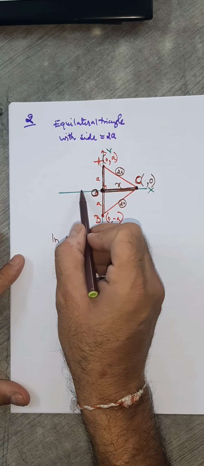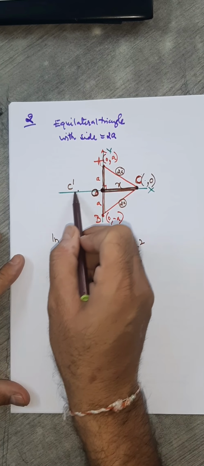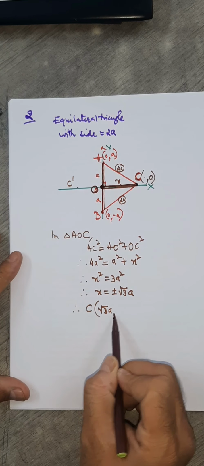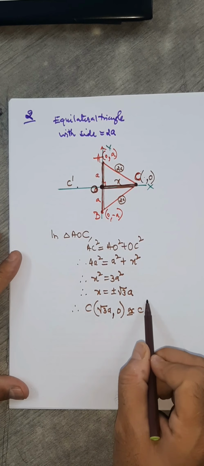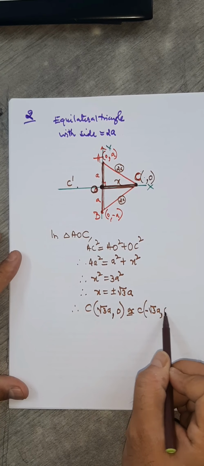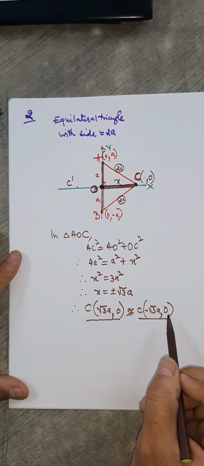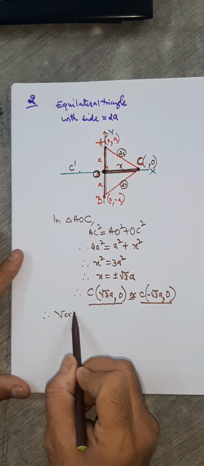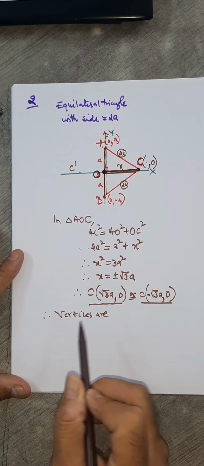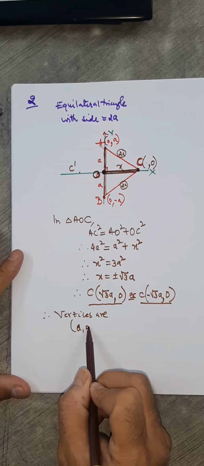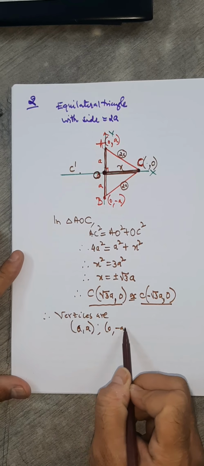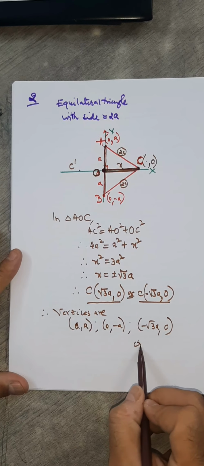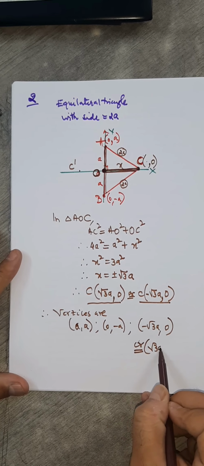It might be on the other side also. So you may have C dash somewhere here, one more triangle like this. So the coordinates of C will be root 3 a, 0 or minus root 3 a, 0. The coordinates of A and B are fixed here, 0, a and 0, minus a. So finally the vertices are 0, a, then 0, minus a, and either root 3 a, 0 or minus root 3 a, 0.